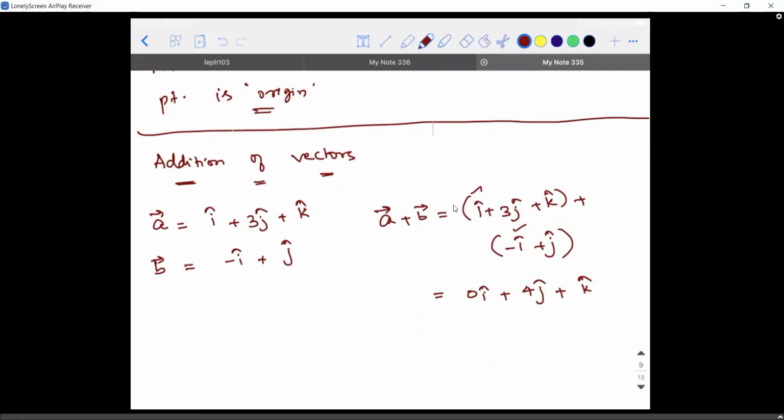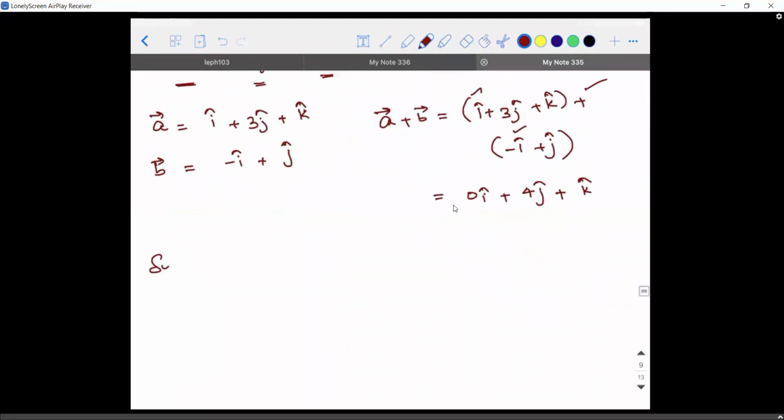The only difference is you would have learned something like this in linear equations in two variables. 5x plus 3y is equal to 2, 3x minus 2y is equal to 5. If I ask you to add both these linear equations, you will add the coefficients of x separately, y separately, and the constant separately. I did the same thing here. So this is a very, very basic thing, addition of vectors.